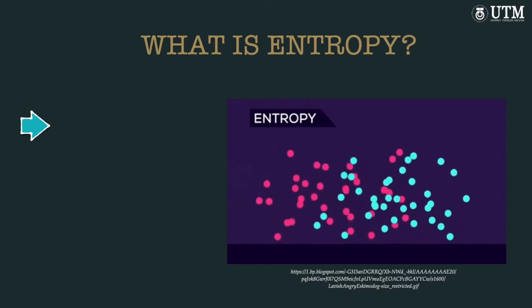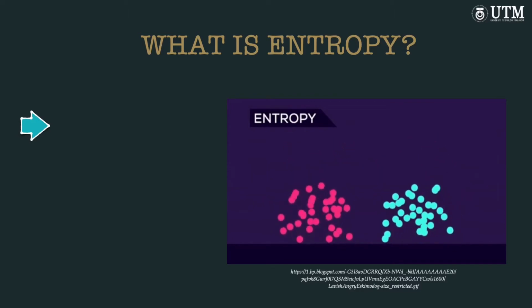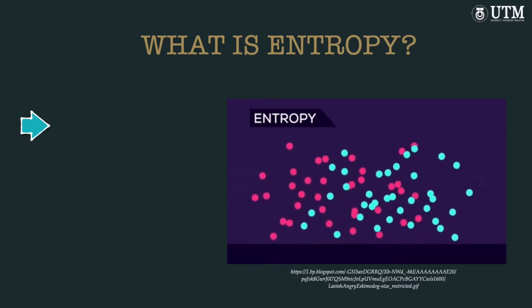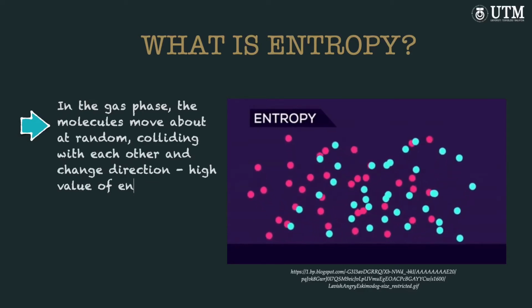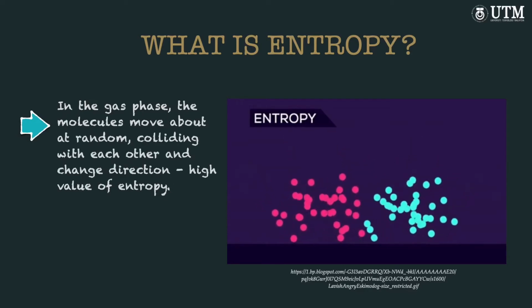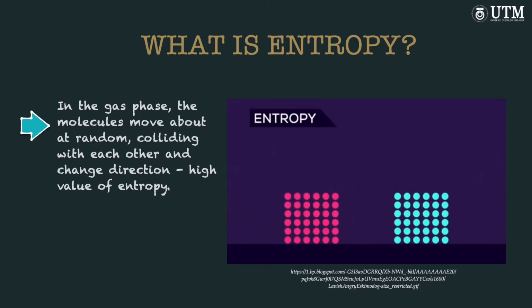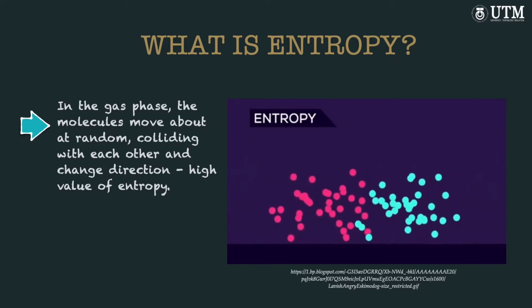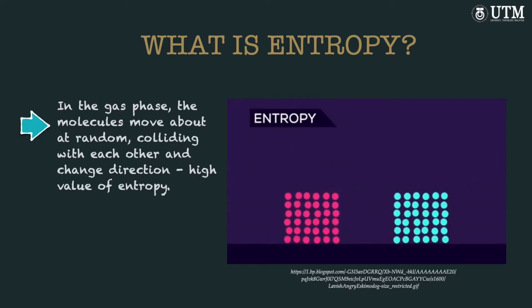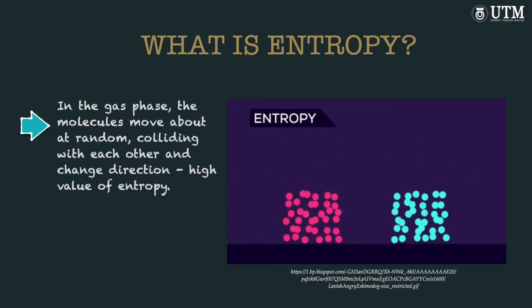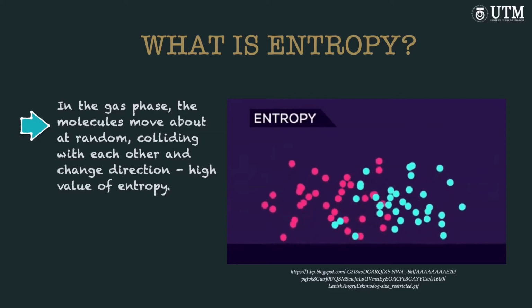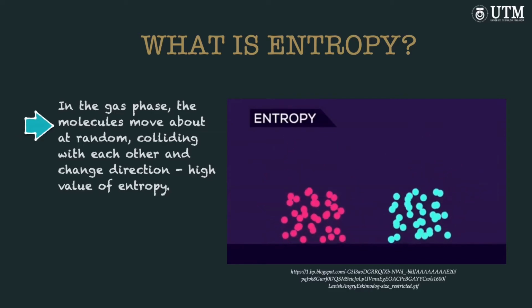In the gas phase, however, the molecules move about at random, colliding with each other and changing direction, making it extremely difficult to predict the microscopic state of a system accurately at any instant. Associated with this molecular chaos is a high value of entropy.